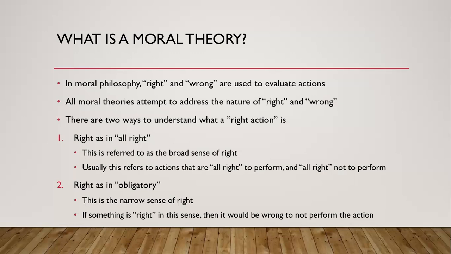We want to come to conclusions about what a right or wrong action would be. There are two ways to understand what a right action is, and as we move through moral theories, I'll highlight these different notions, because some moral theories will say this is an obligatory action, or this is a permissible action, and those are different things.